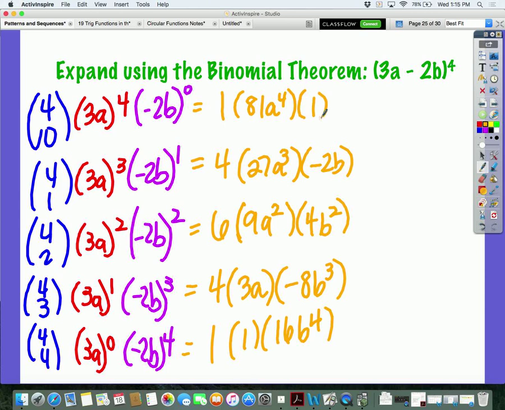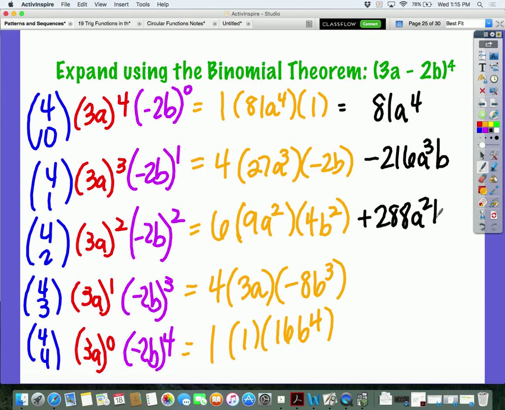So there you go. And then you put it all together, so we'll go diagonally. But it basically would be 81a to the 4th minus, let's see, 216, a to the 3rd b, plus 288, a to the 2nd, b to the 2nd.